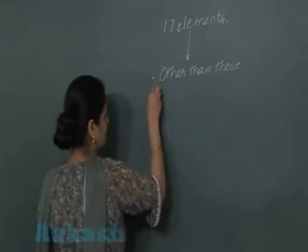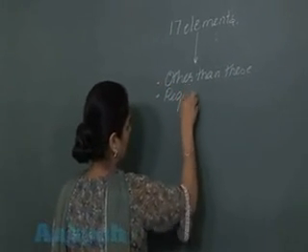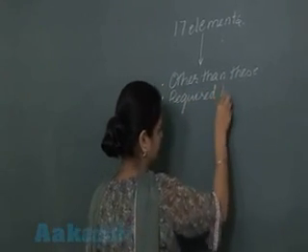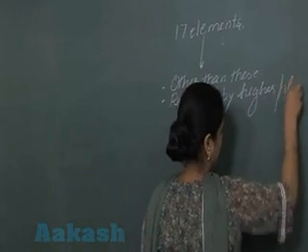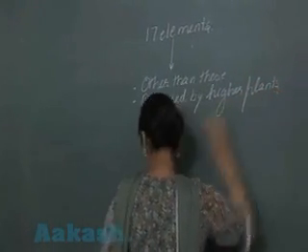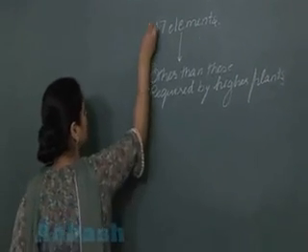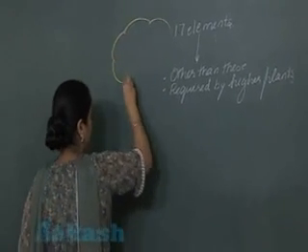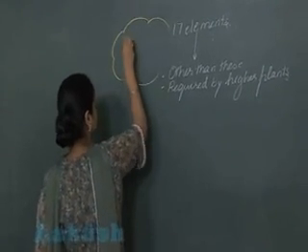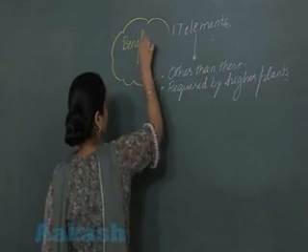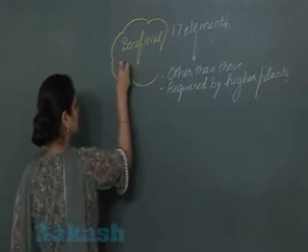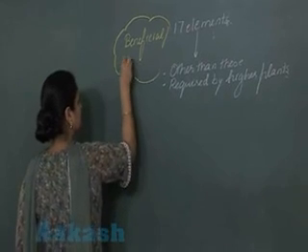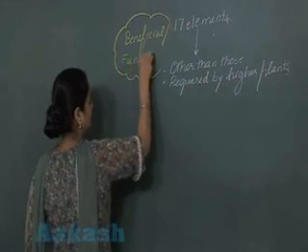Out of the 105 elements, 17 are essential, but besides these 17 essential elements there are some more elements which are required by higher plants, and this category of elements is known as beneficial or functional elements.